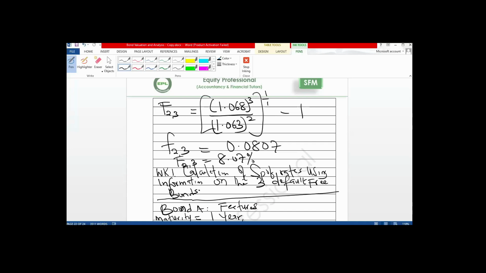That is the effect of rounding up. They rounded up in physical class. We have to change this. Zero point 0.7807.